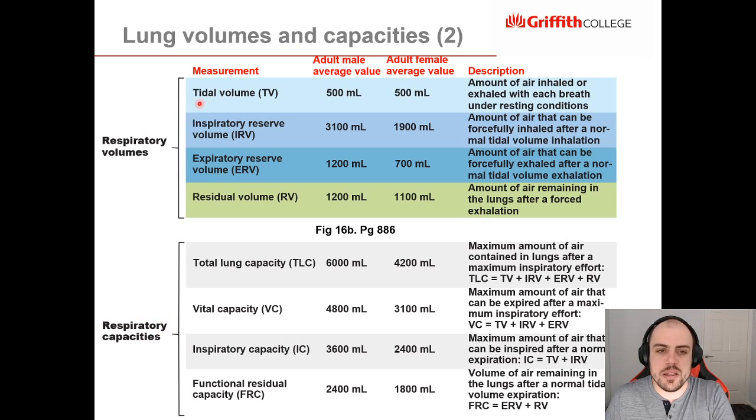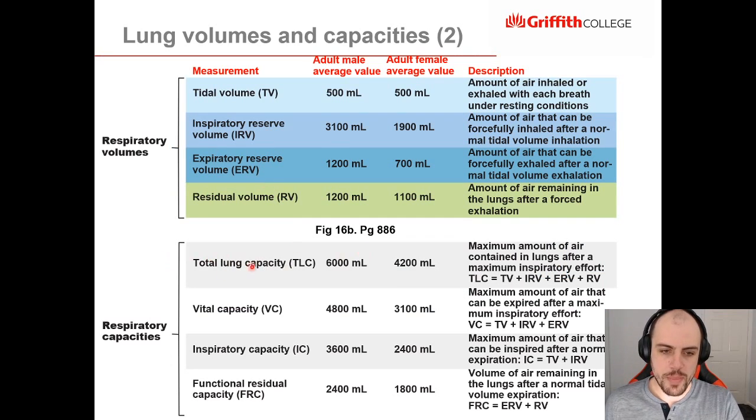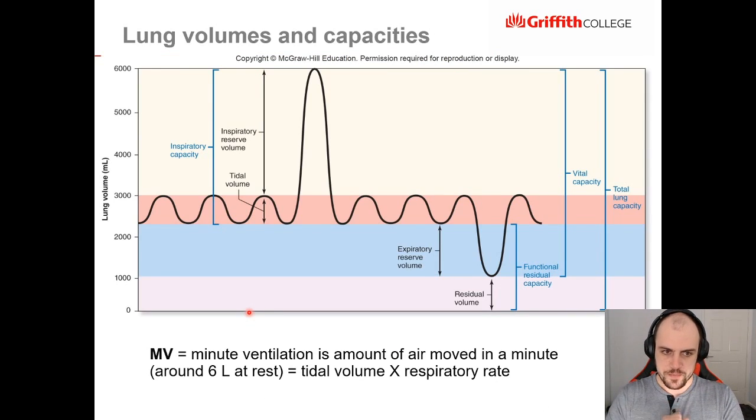So we're looking at our tidal volume, inspiratory reserve volume, all of that. That's what we were looking over here. And then the total capacities, like total lung capacity, vital capacity. That's what we were seeing over here, like inspiratory capacity, total lung capacity, and so on.